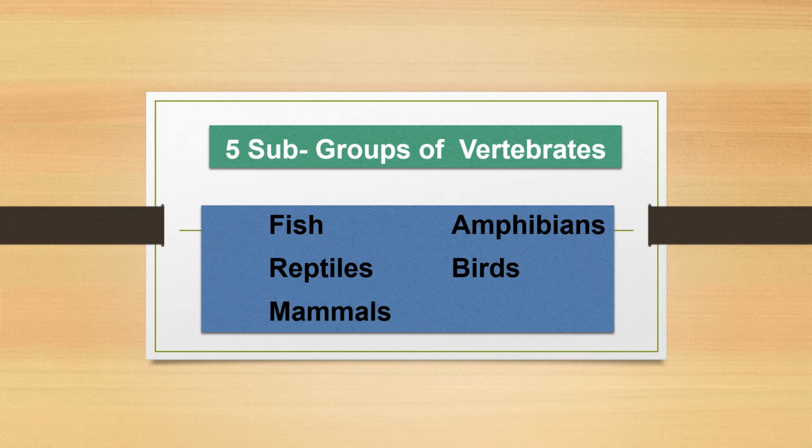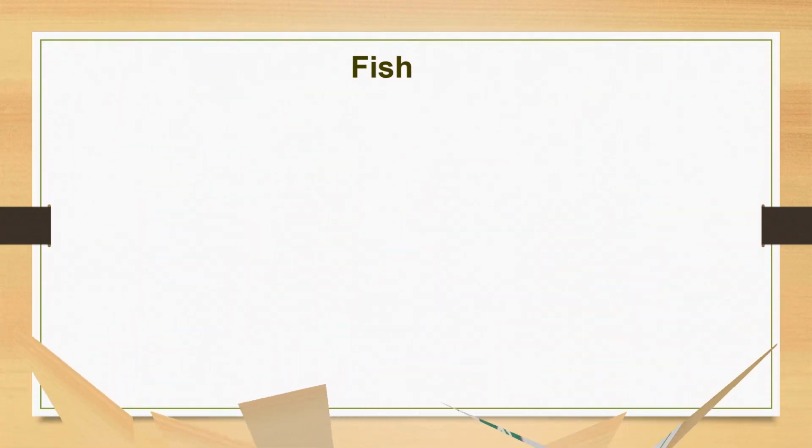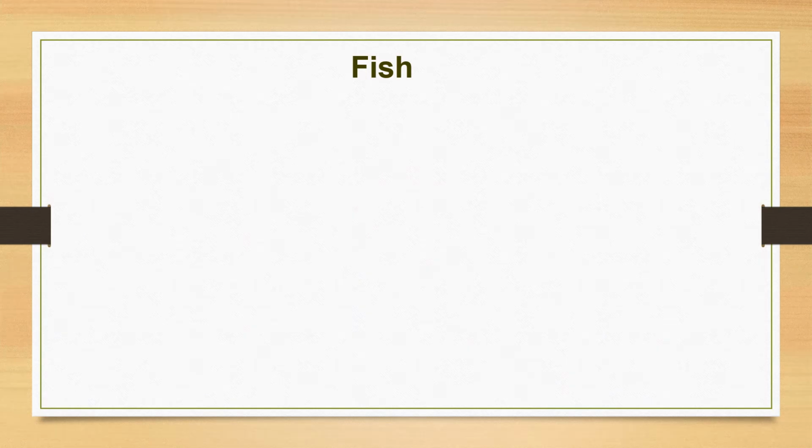So we have fish, reptiles, mammals, amphibians, and birds. Let us learn about the 5 subgroups of vertebrates. So let's start. The first one is the fish.